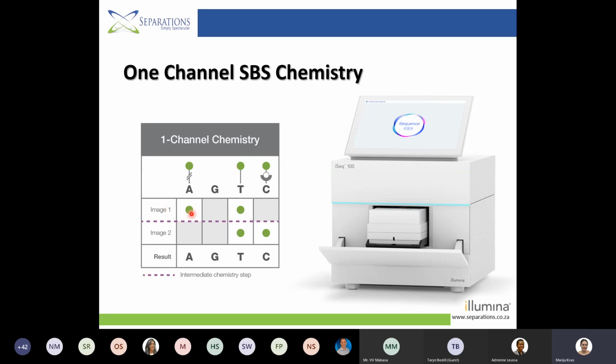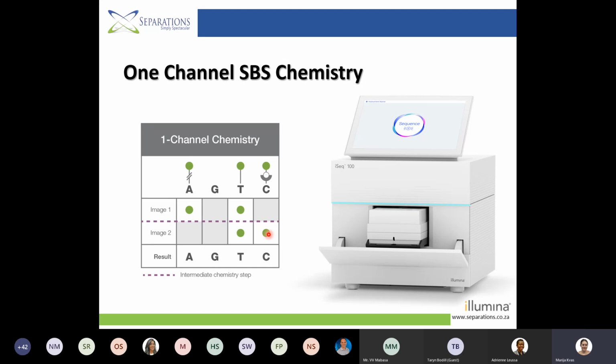If we have signal in image 1, but we don't have anything in image 2, it means that we incorporated an A. But if we incorporate the C, it's the other way around. It means that we didn't have any signal in image 1, but we have a signal in image 2.